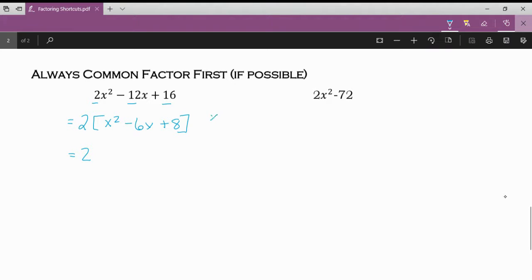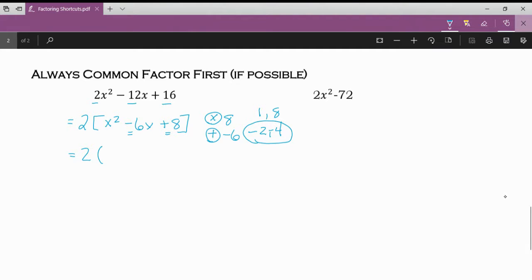So we're looking for two numbers that multiply to 8 and add to negative 6. So our options are 1 and 8 and 2 and 4. And you can notice that it's multiplying to a positive number, but adding to a negative. So we know that both of our terms are going to be negative. And negative 2 and negative 4 end up multiplying to positive 8 and adding to negative 6.